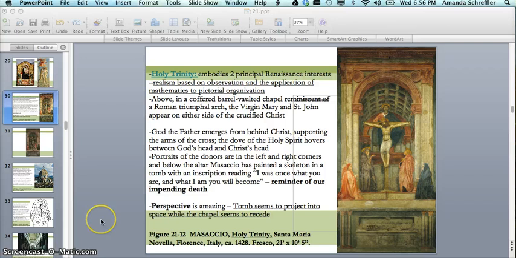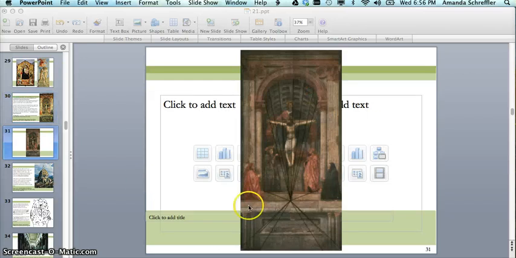So just a good example of meshing biblical subject matter with classical themes, classical architecture. And here's the linear perspective for you, you can see the orthogonal lines and the vanishing point. And remember how I talked about the 3 triangles that are hidden in there somewhere. So really based on biblical subject matter, but really at the heart of this is linear perspective and mathematics.